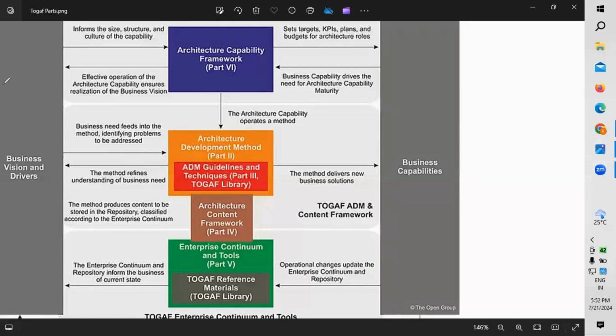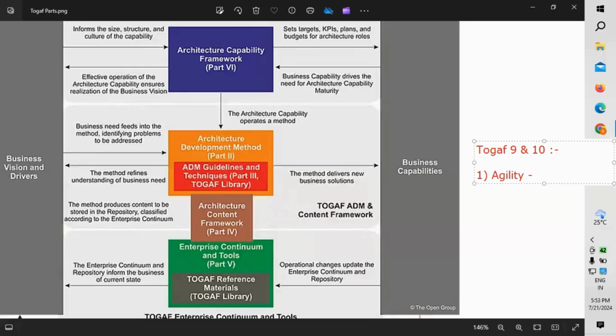Now, coming back to the point, when we are talking about the difference between TOGAF 9 and 10, the first one, as I mentioned in the beginning, and repeating the same, is about agility.